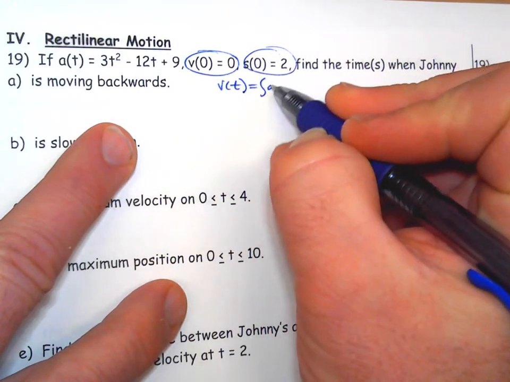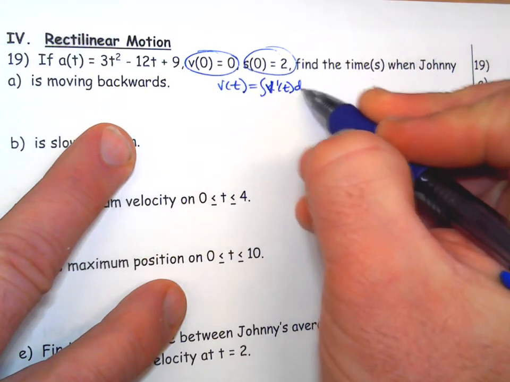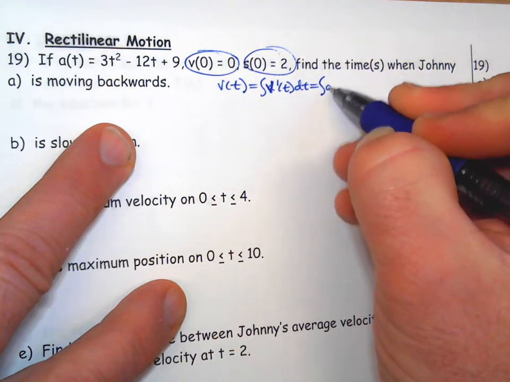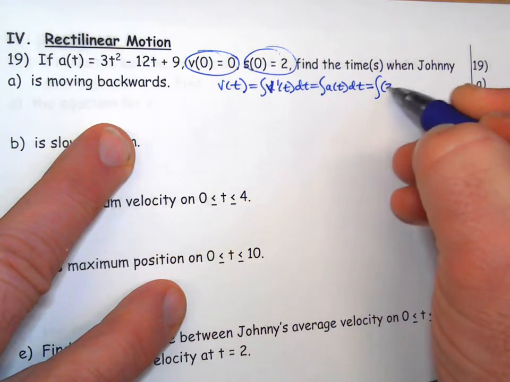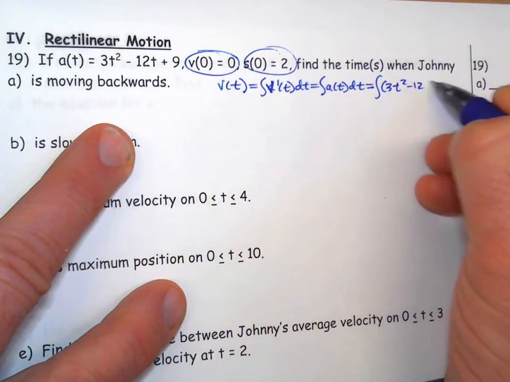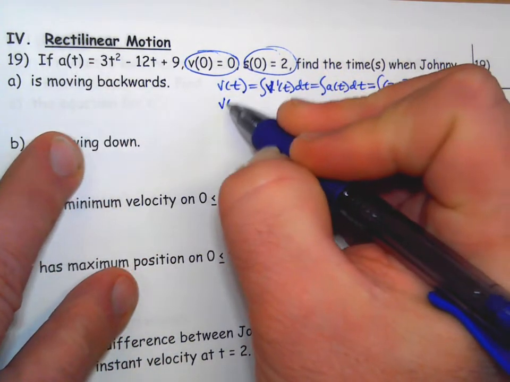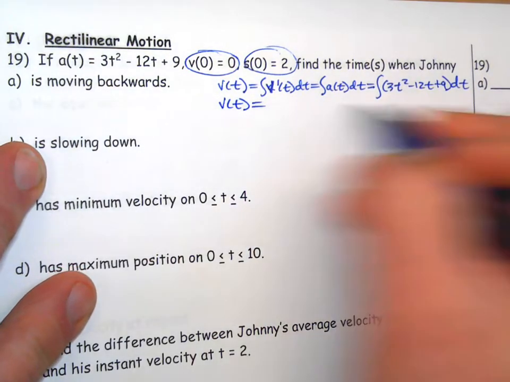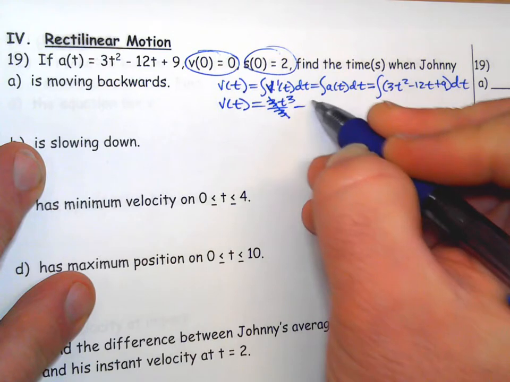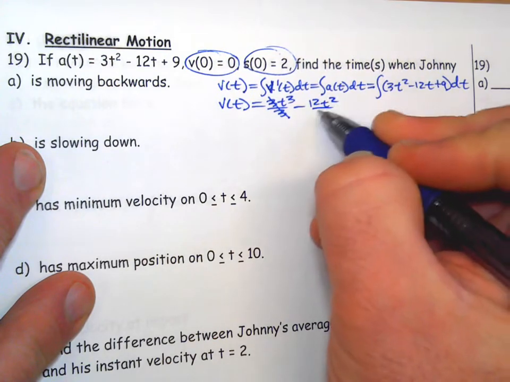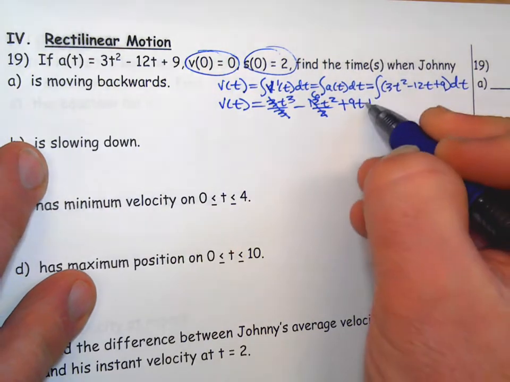Velocity is the integral of v prime, which is the integral of acceleration, which is the integral of 3t squared minus 12t plus 9 dt. So velocity is 3t cubed over 3 minus 12t squared over 2 plus 9t plus c.